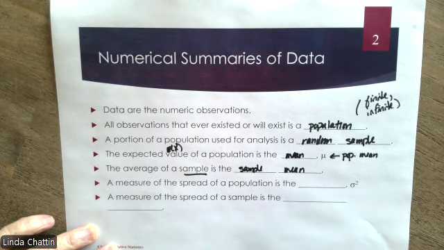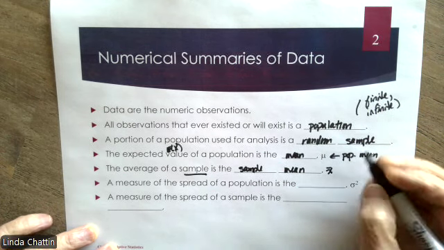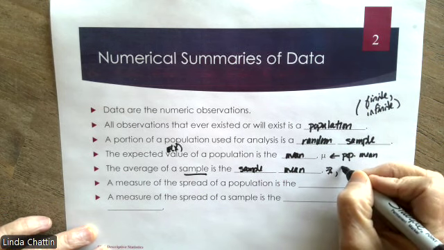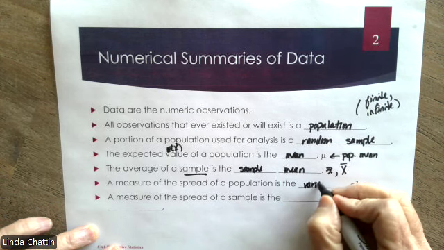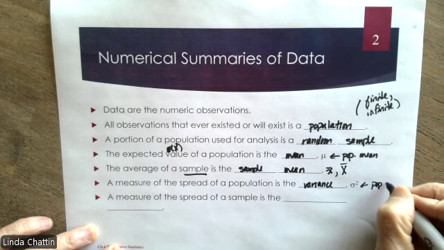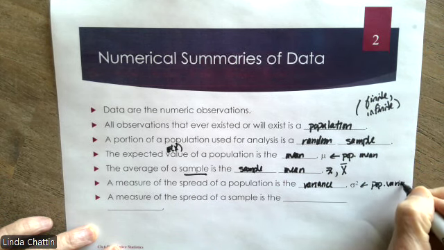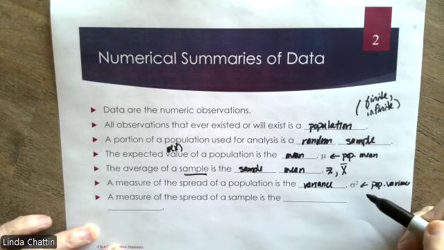And we denote that as a lowercase x bar if it's an actual value, but it can also be an uppercase X bar if it is a random variable, which we'll see in the next chapter. A measure of the spread of a population, and you already know this, we call it the variance. You've seen that a few times. I also often refer to this as the population variance. Now, when the book says mean and variance, they are talking about mu and sigma squared.